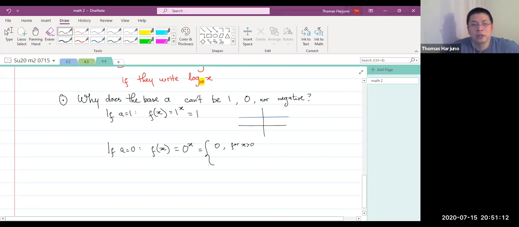It will be undefined for x equal to 0 or negative. 0 to the negative 2, for example, is actually undefined, because 0 to the negative 2 means 1 over 0 squared.